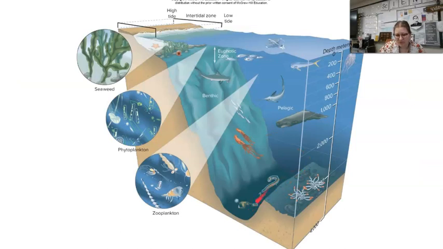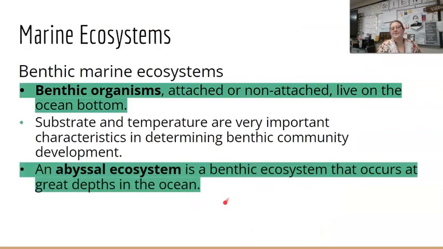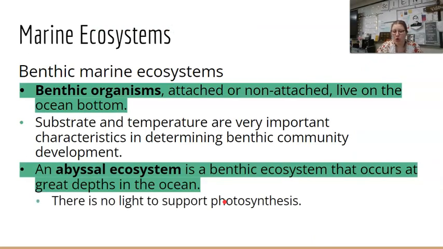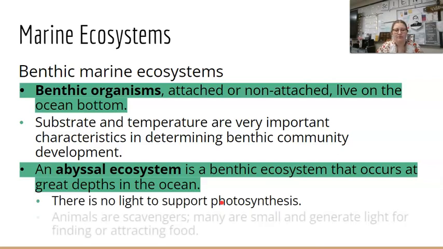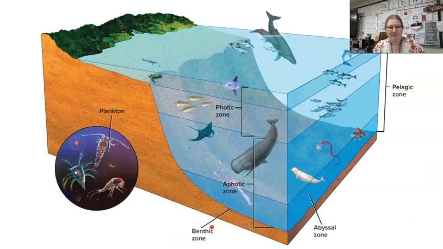That's where you have the really gnarly looking football fish with the lights and everything. That is the abyssal ecosystem. There is no light to support photosynthesis, so there are no plants there. And so those animals are scavengers. Many are small and generate light for finding or attracting food. They get a lot of the dead things floating down there.